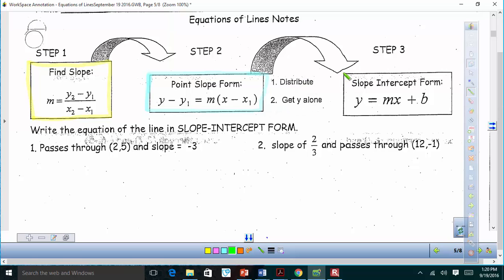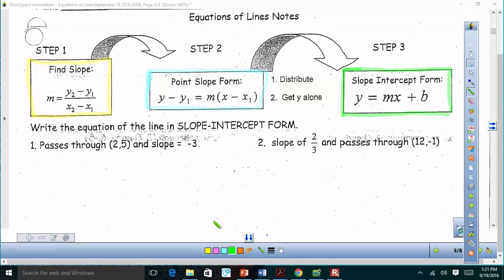And when we get y alone, it's actually going to put it in slope-intercept form, which is y equals mx plus b. So you probably want to make some note cards that have slope-intercept form on the front, the words, and on the back it has the equation. And on the front it says point slope form. On the back it has y minus y1 equals m times x minus x1. So we can remember those equations.